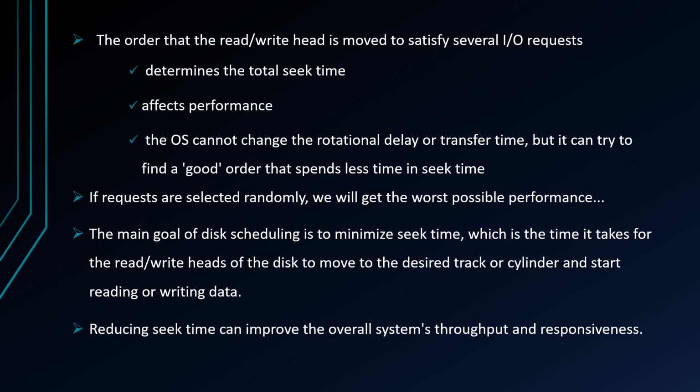The main goal of disk scheduling is to minimize seek time, which is the time it takes for the read or write heads of the disk to move to the desired track or cylinder and start reading or writing data. Reducing seek time can improve the overall system's throughput and responsiveness.